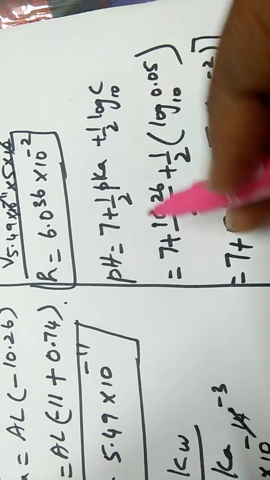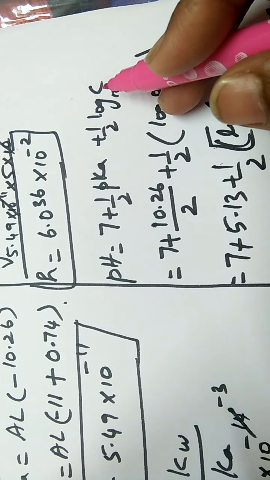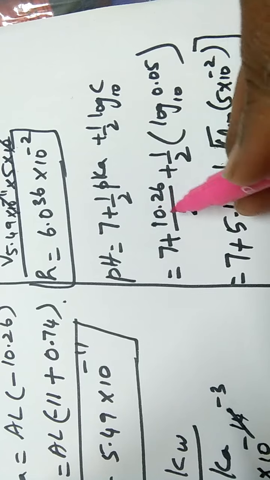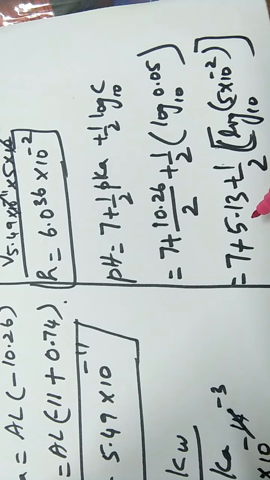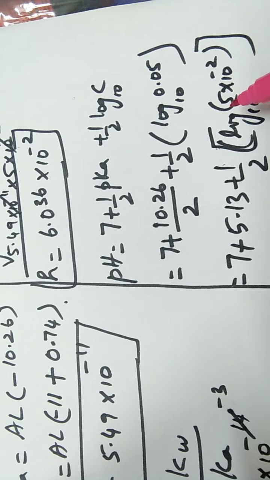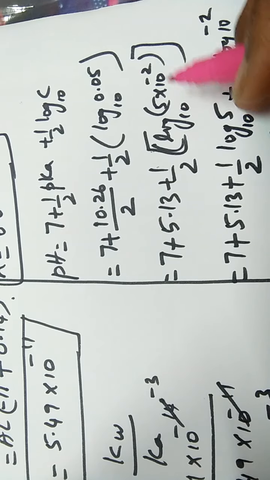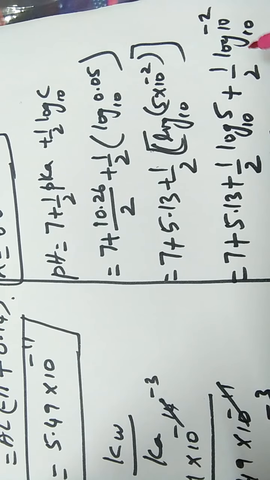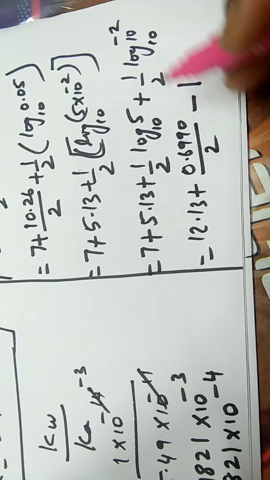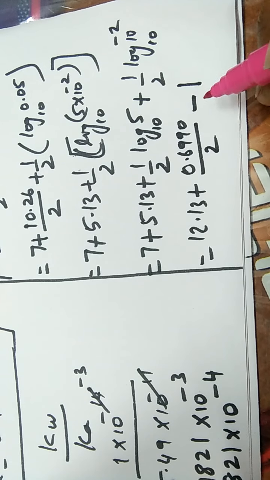So pH value is 7 plus half pKa plus half log C. Half pKa is 10.26 by 2, which is 5.13. Half log C is log 0.05, that is 5 into 10 power minus 2. So log 5 plus minus 2 log 10 base 10. Okay, so that becomes minus 2 by 2 becomes minus 1.